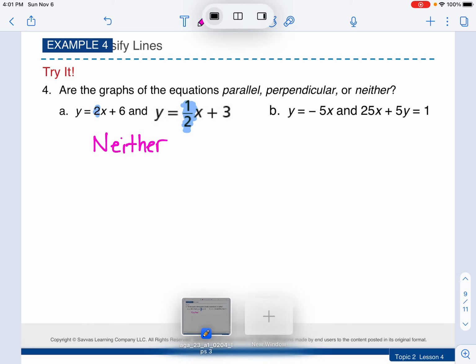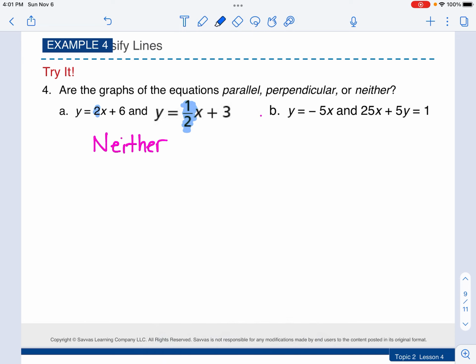Okay. For our second set of equations, we have a slope of negative 5. And over here, we're going to solve for y by subtracting 25x on both sides of the equation first. 25x cancels. 5y is going to equal negative 25x plus 1.